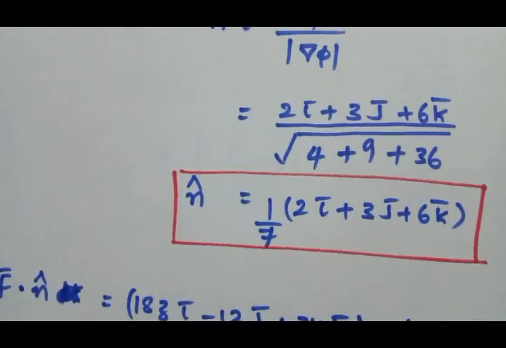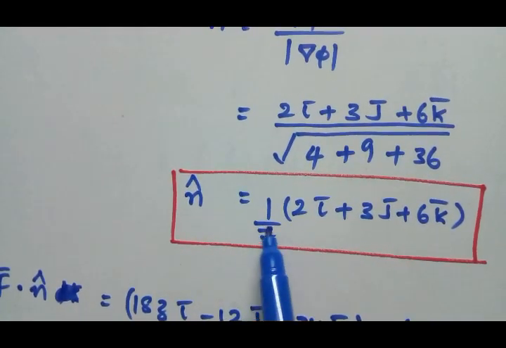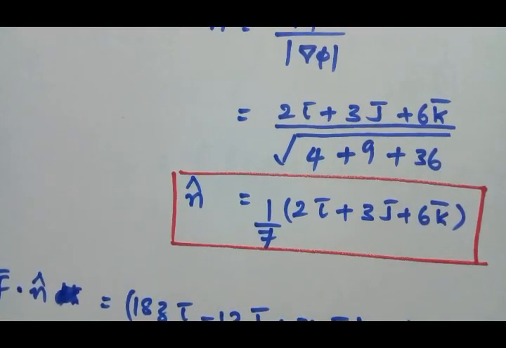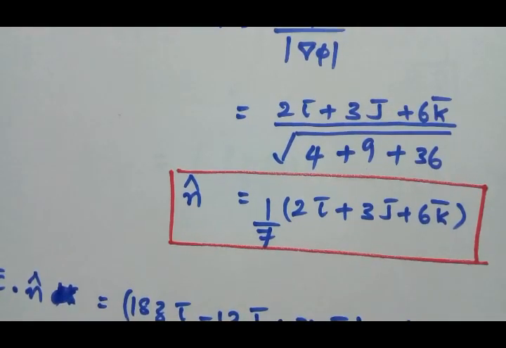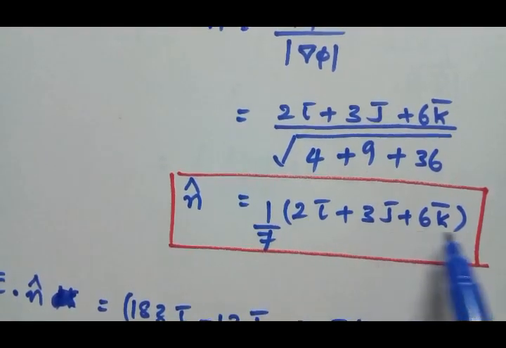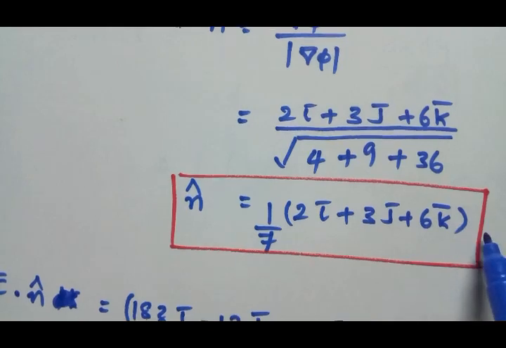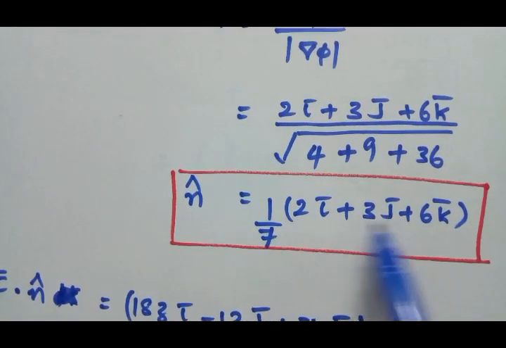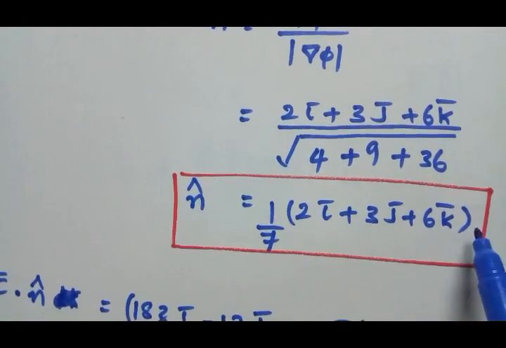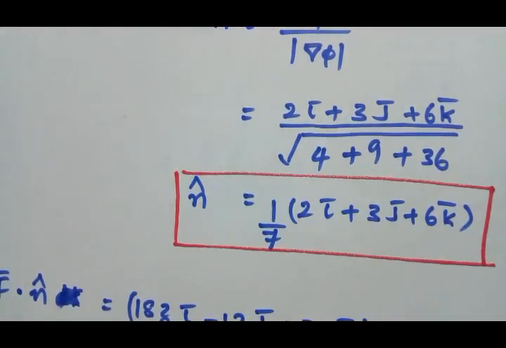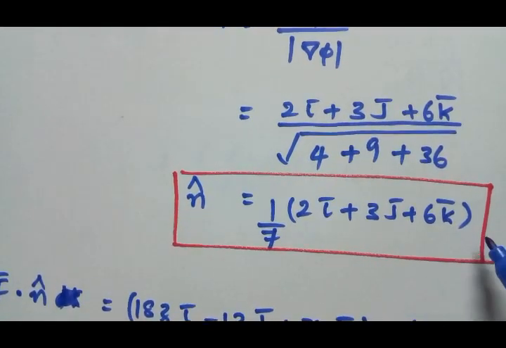Here n cap is equal to 1 by 7 into 2i bar plus 3j bar plus 6k bar, dot k bar. So i bar dot k bar is 0, j bar dot k bar is 0, and k bar dot k bar is 1, therefore n cap dot k cap is 6 by 7.